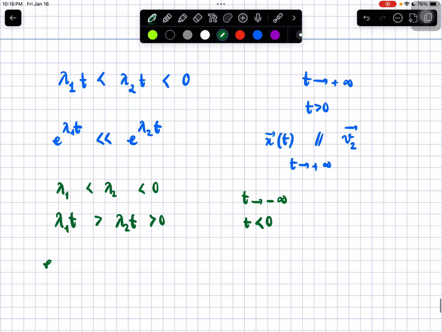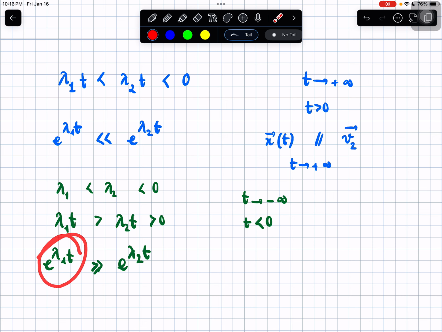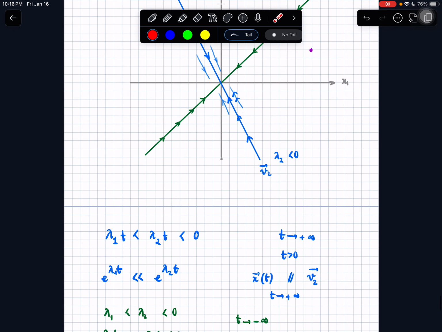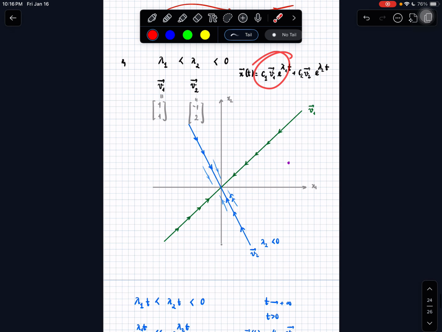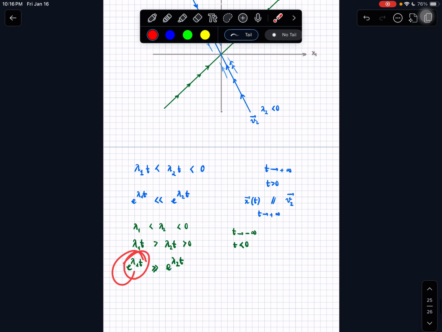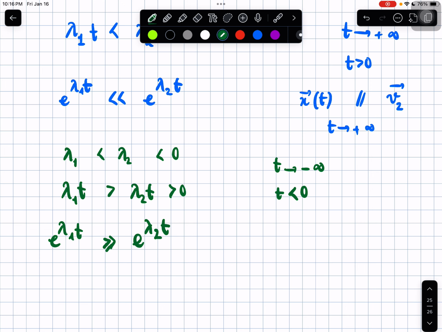So, exponential of lambda 1 t will be much bigger than exponential of lambda 2 t. The one dominant will be the one with lambda 1, the one with v1. So it follows v1 when t is minus infinity.